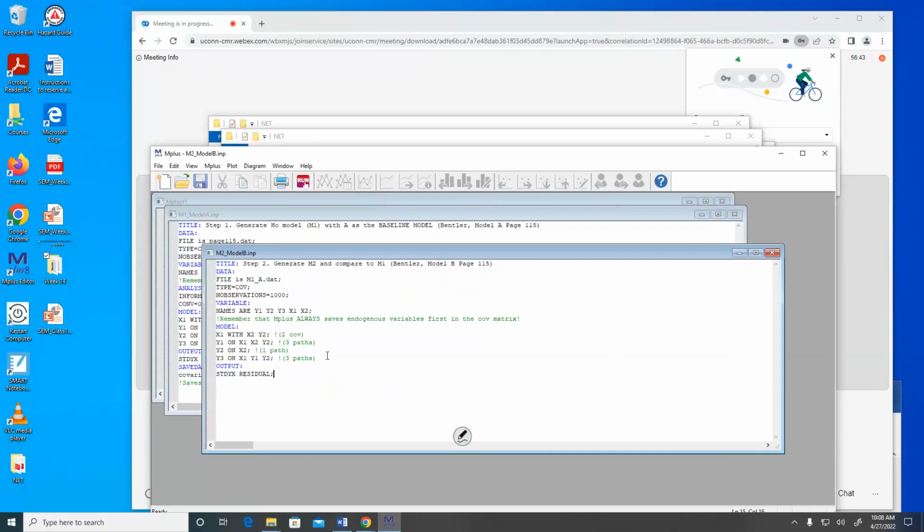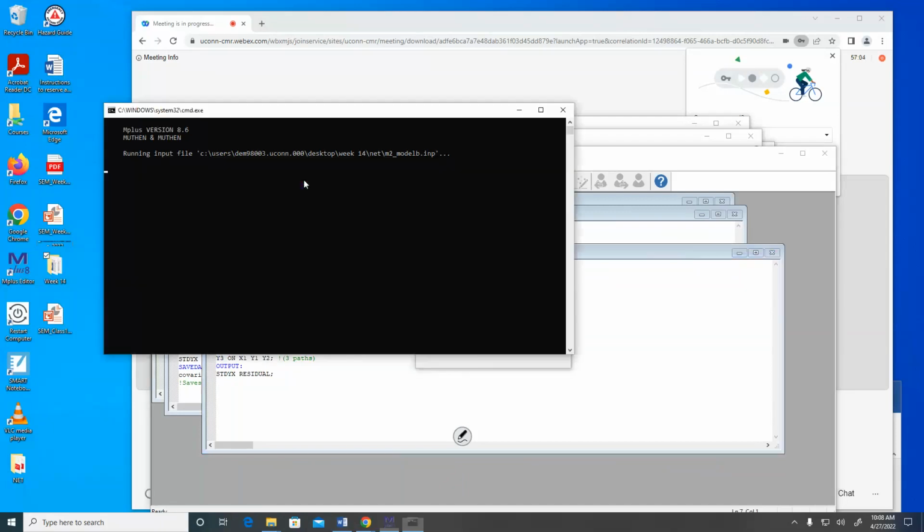And then I'm using the model B setup here. And the other really important thing is notice that the order of the variables now has the endogenous variables coming first. So we've got y1, y2, y3, then x1 and x2. All right, so I'm going to run this model.